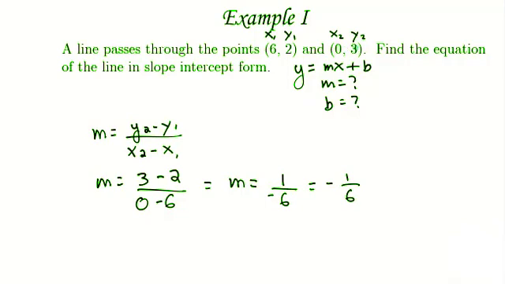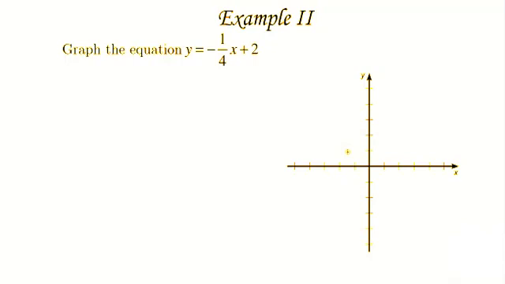Therefore, this value is actually the y-intercept. So I know that b is equal to 3, and I figured out that m is equal to negative 1/6. With these two pieces of information, I can write this equation as y equals negative 1/6 x plus 3.